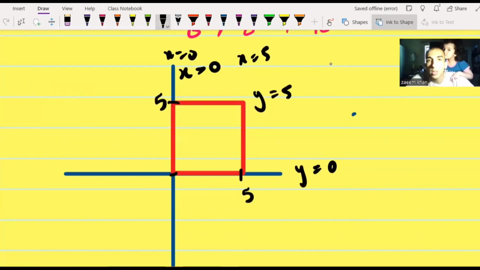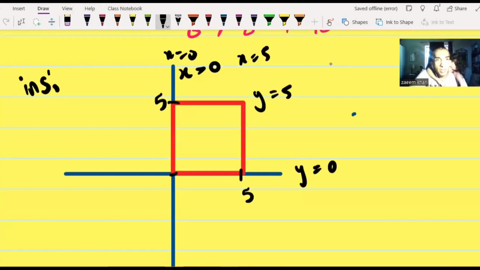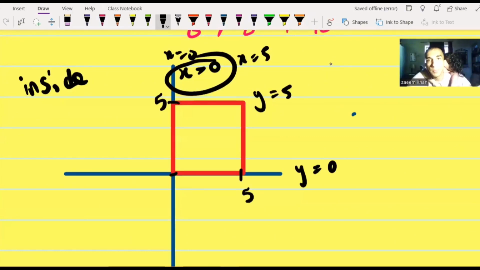Would I include the is equal to sign, or would I just stick with whatever I've written down up till now? If the question says shade the region inside this square box, would I include an is equal to sign, or would I just write this inequality like this?